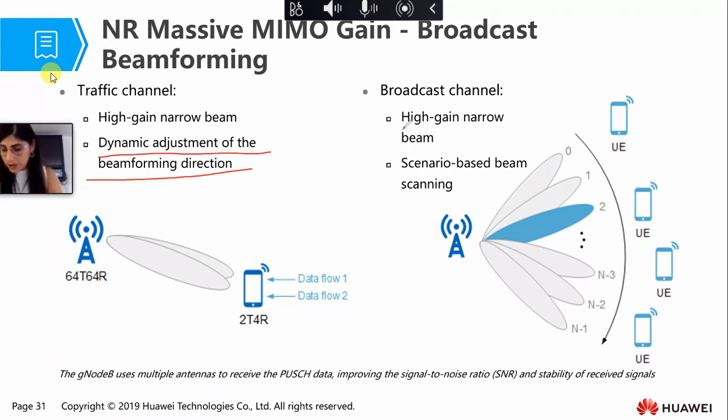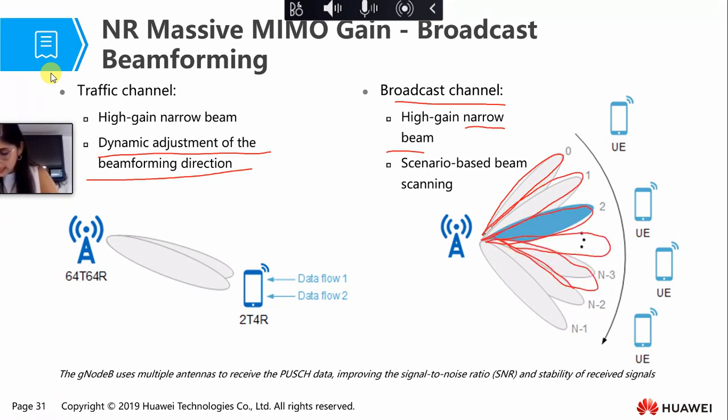Also for broadcast channel, we can use narrow beams, and basically to send broadcast information, we can perform a scanning of the environment. So we have different beams that at different instants of time can send the broadcast information. The user equipment can receive more than one beam, but it will select the beam which is the best received beam.